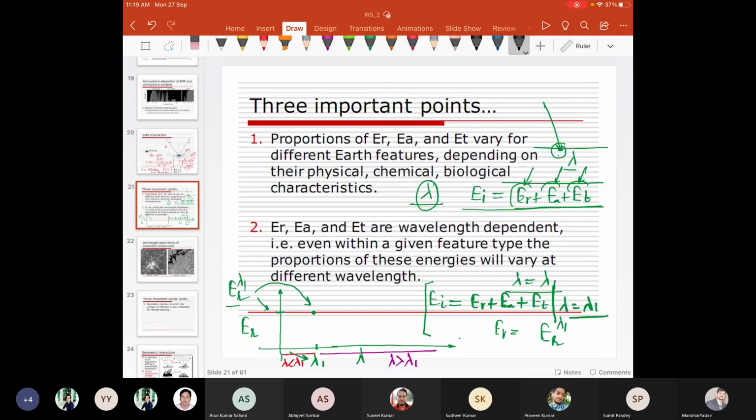I'm just making this ER as a kind of step signal. Whether lambda is less than lambda 1 or lambda is more than lambda 1, ER is equal to ER lambda 1. Is it true?